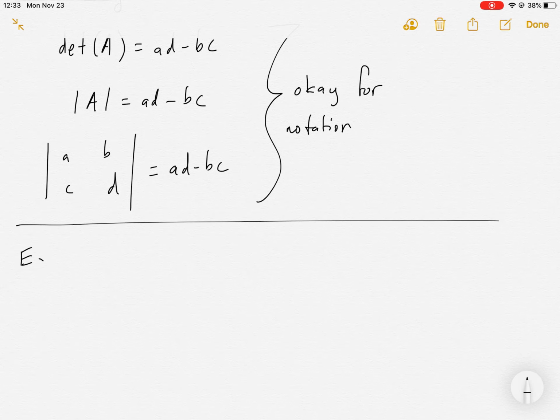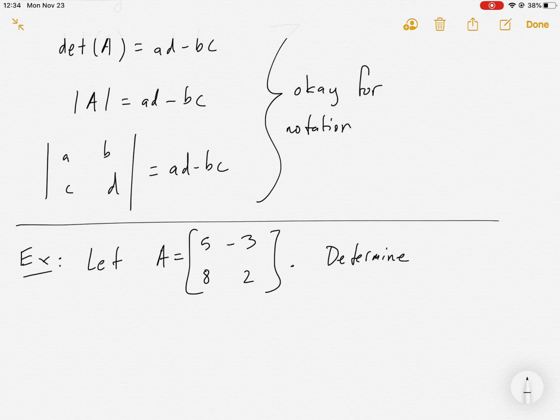For example, let A equal 5, -3, 8, and 2.